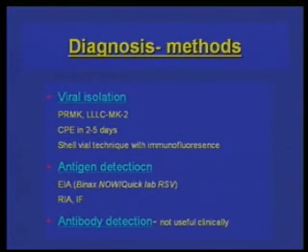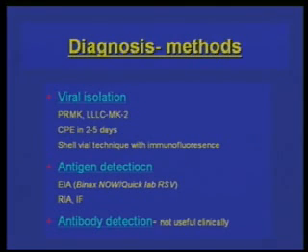Now, viral isolation is not difficult to do if you can get the right specimen at the right time, and it grows fairly fast. Once you see the cytopathic effect, you can go into immunofluorescence and definitely define whether it's RSV. But the antigen detection, which is very readily available, is the ELISA or EIA, and this is used in pretty much most hospital labs, and gives you a quick answer.